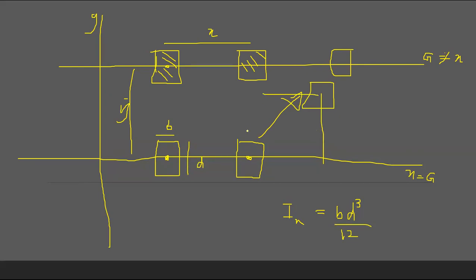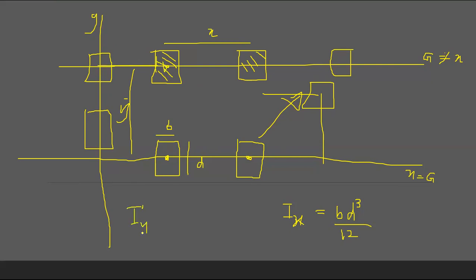If it is moving along the x-axis and you are taking Ix, it's not going to change. Same thing applies when you take I about y. If you are moving about the y-axis, Iy is not going to change, but if you move along the x-axis, your Iy changes.